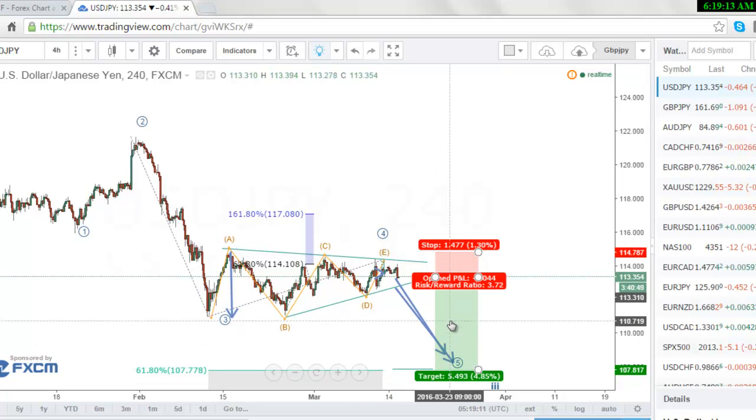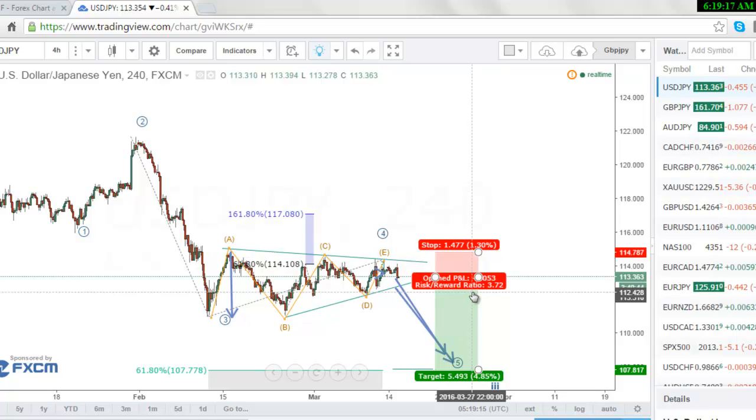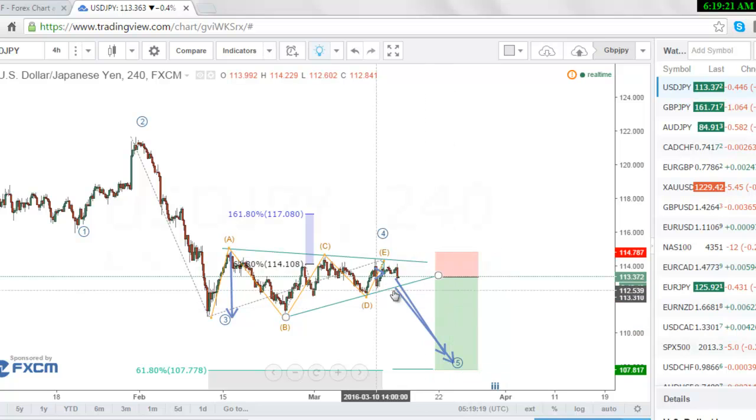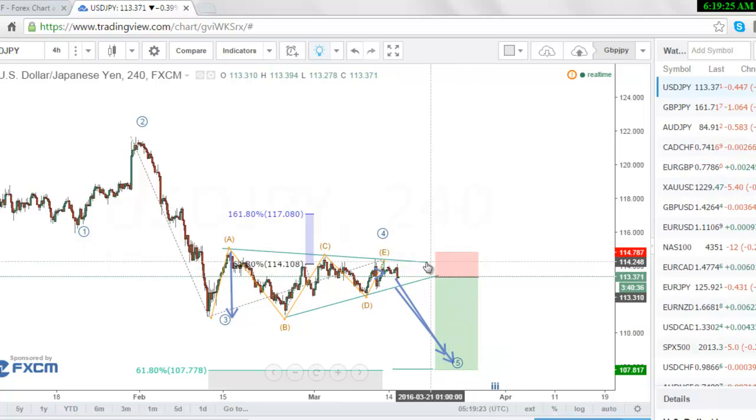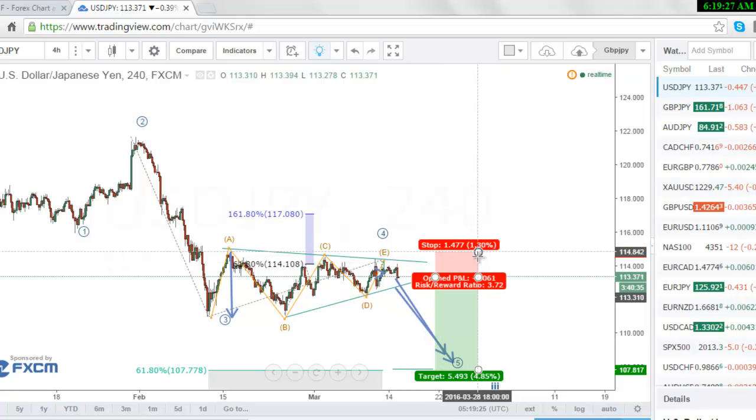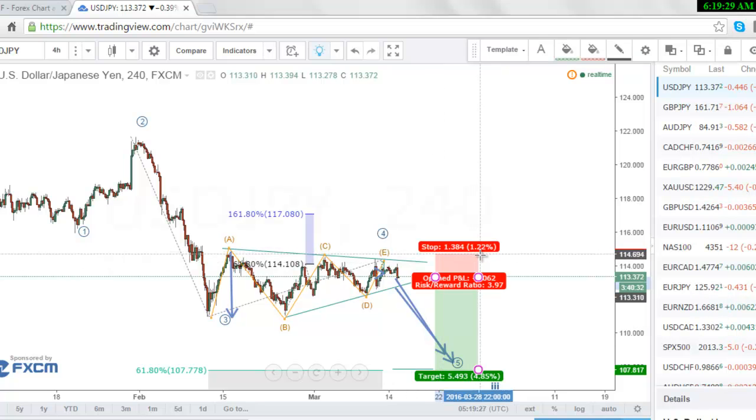That gives about 3.72 risk reward ratio, which is a very nice one. A conservative approach is to wait for price to break below here, and then put the stop loss at the top of the E wave here.